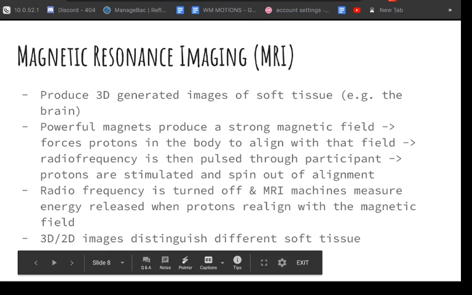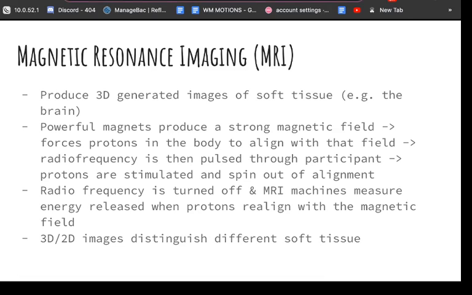Okay, there you go. Next up is magnetic resonance imaging. Magnetic resonance imaging is a big magnet that produces 3D images of our soft tissues, very juicy 3D HD images of them.